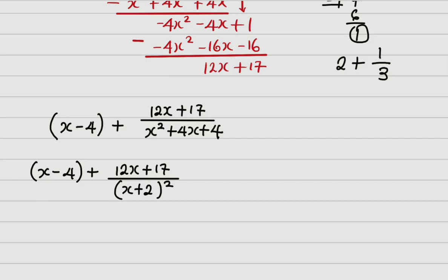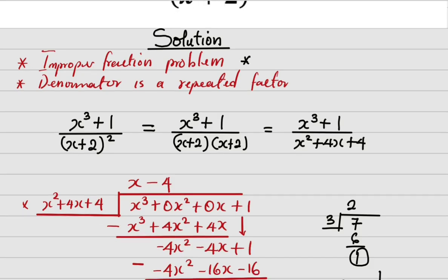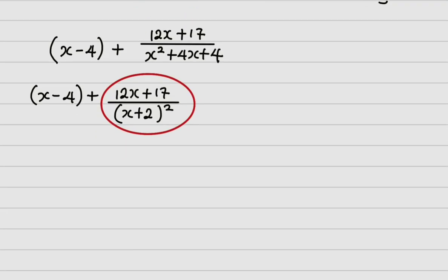You see, I've broken it down, so I've taken care of the first issue, which is the improper fraction. Now it is a proper fraction that I'm going to evaluate. My only problem now is just this. So what I'm going to do now is to pick it out, which is 12x plus 17 all over x plus 2 all squared.